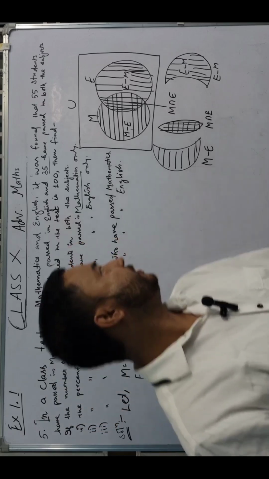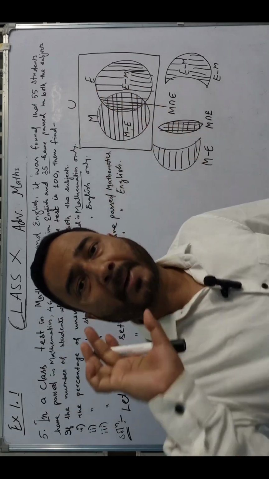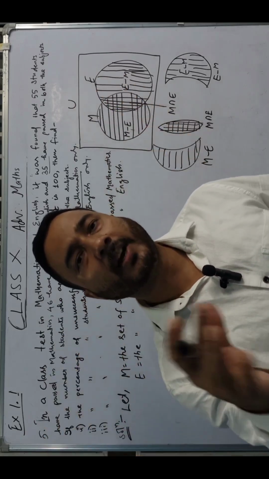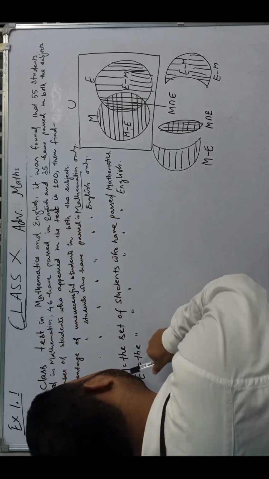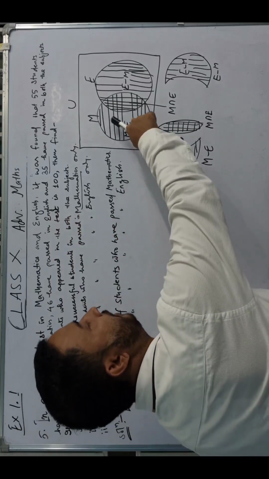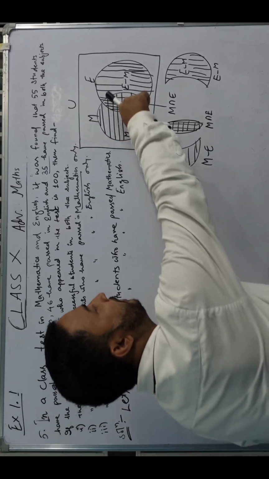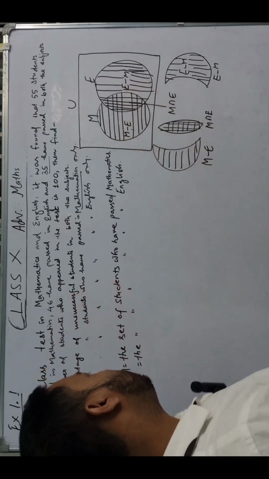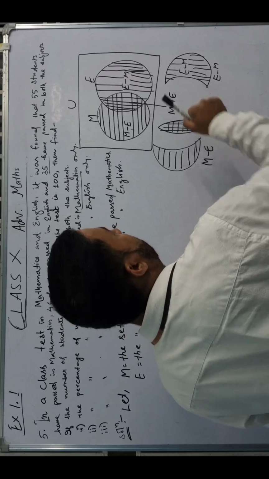Are you getting my point? You see, we are considering the set only for passed students, the students who have passed in either of the two subjects. If any student has passed maths, it will be coming under M, and if a student has passed in English, it will be coming under E, and if any student has passed both the subjects, it will be coming under M intersection E.